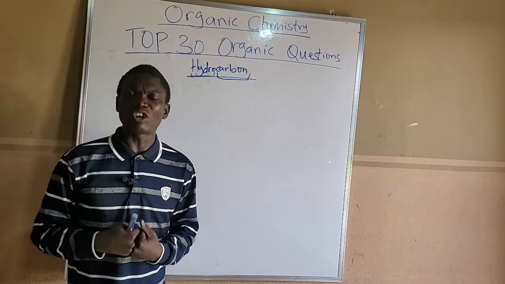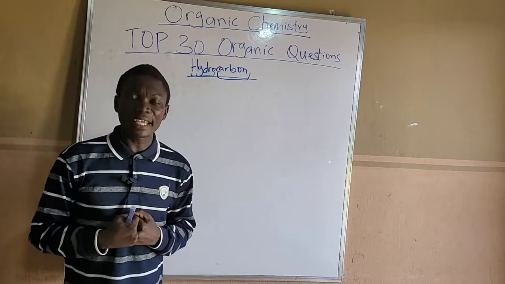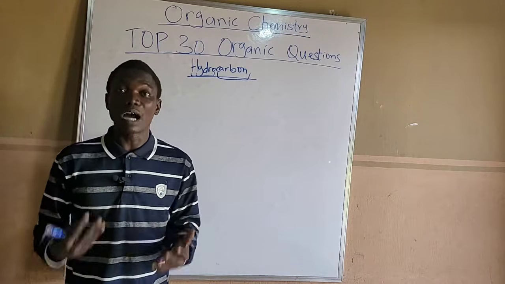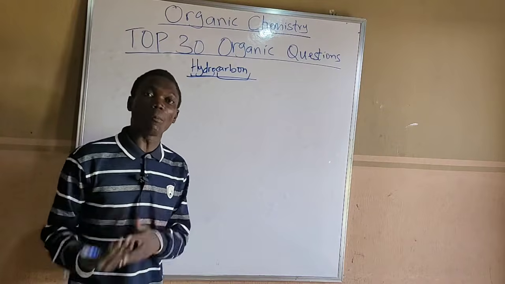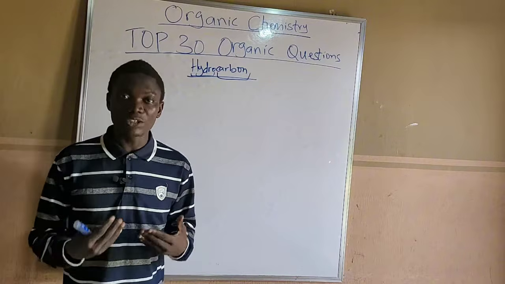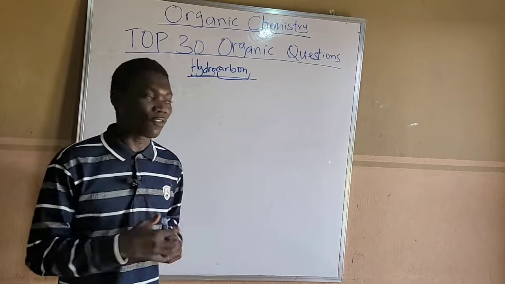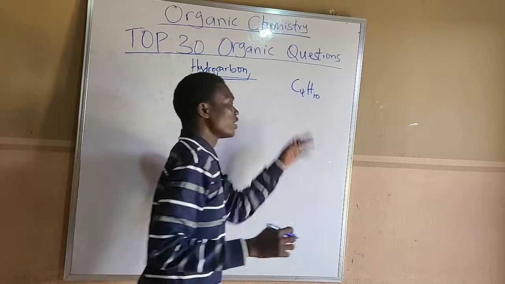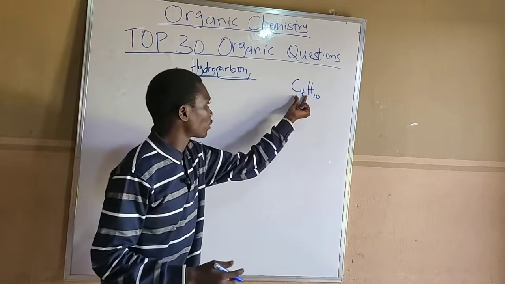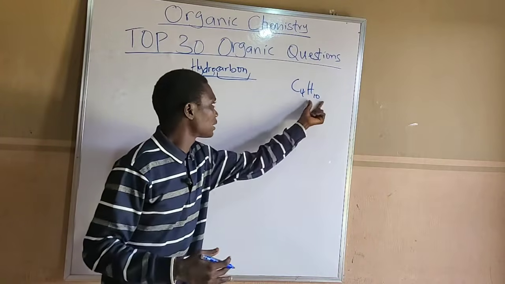Examples of hydrocarbon: your cooking gas, the gas you use to cook food at home, is mainly butane, although it's a combination of propane and butane. The formula is C4H10. You see that it contains 4 carbons and 10 hydrogens.